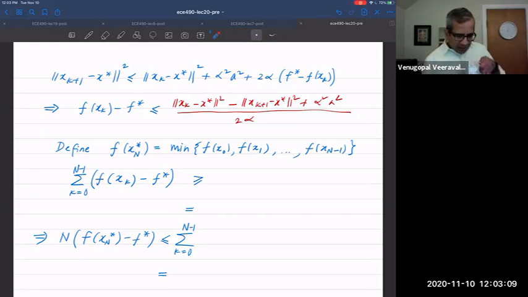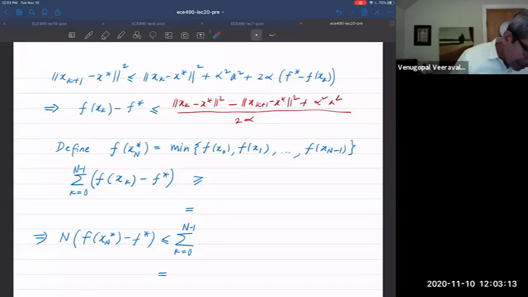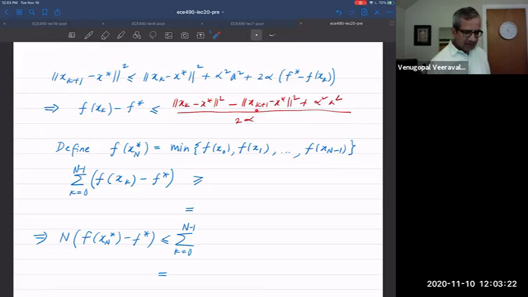Now I'd like to sum this on both sides, because on the right-hand side that gives me a telescopic sum, and it only keeps the first and last terms. On the left-hand side, I sum from 0 to n minus 1.